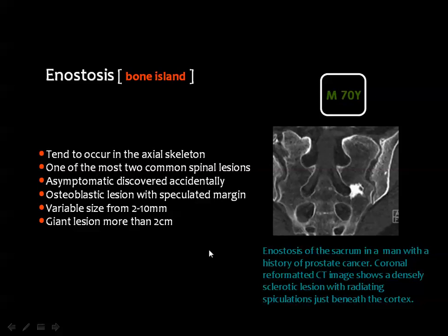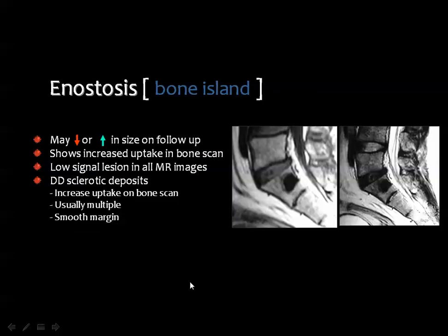One of the most pathognomonic features for the diagnosis of enostosis is the spiculated margin of the lesion. Compared, if you remember, to the sclerotic deposit, which usually has a smooth margin.